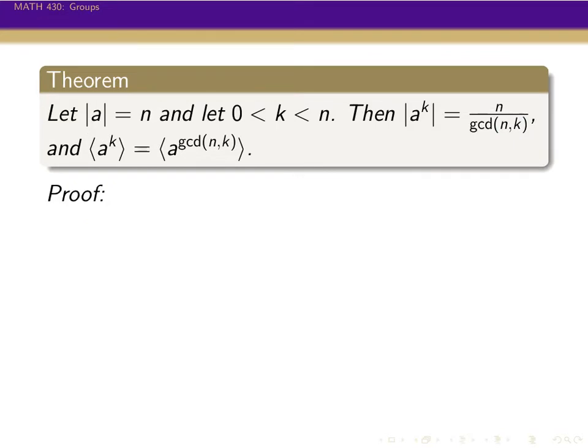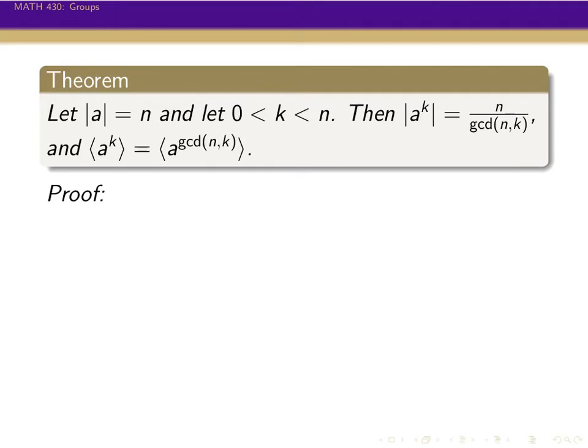Okay, now we get to this. This really is the most important theorem, the most useful theorem in this video. Everything else that we're going to do after this completely relies on this. So again, a is an element with order n, and we're going to take k to be some integer between 0 and n.